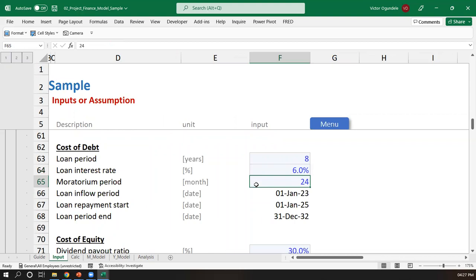Which means during this time you are not going to be paying any interest or principal. At times it also depends on the agreement. Which means you will be calculating the interest and the principal repayments as if you are paying it, but you are not paying it. They will capitalize those interests during that period and add them to the principal.